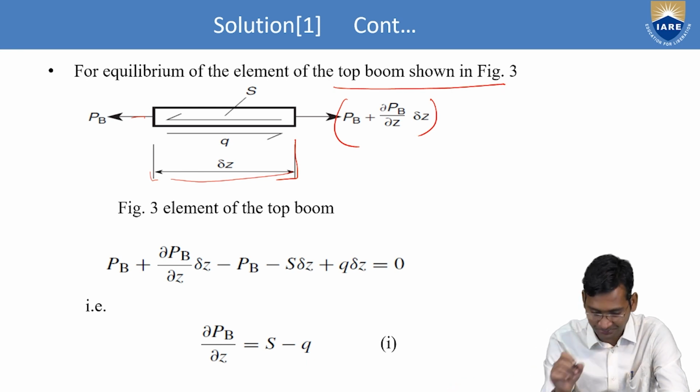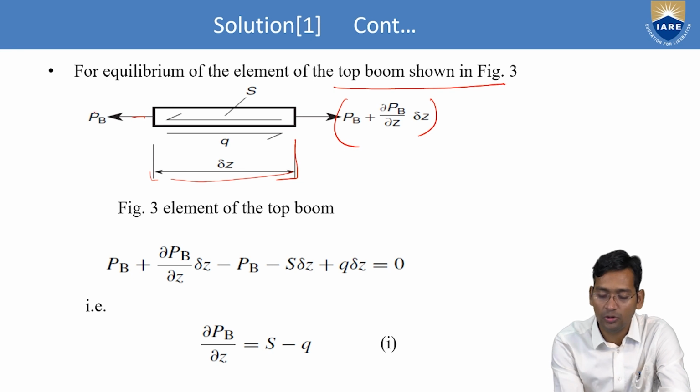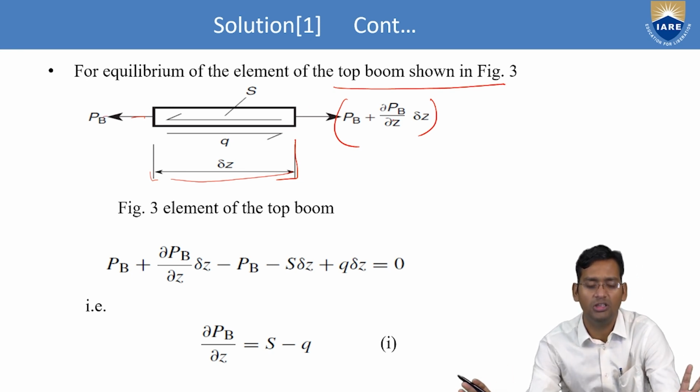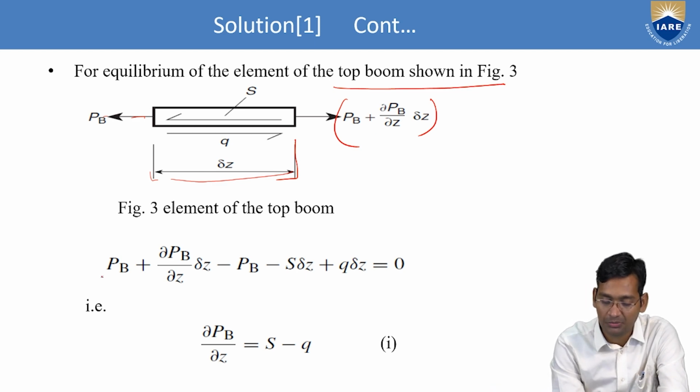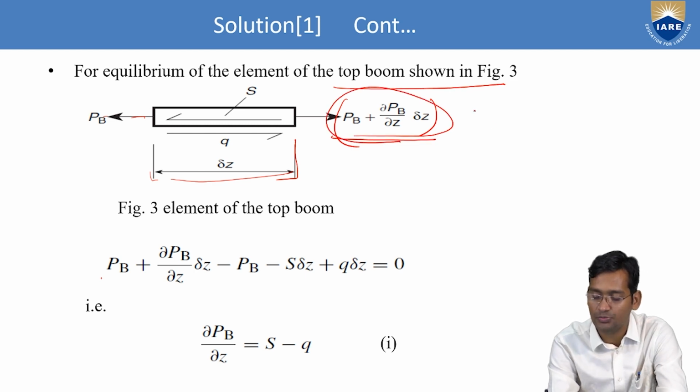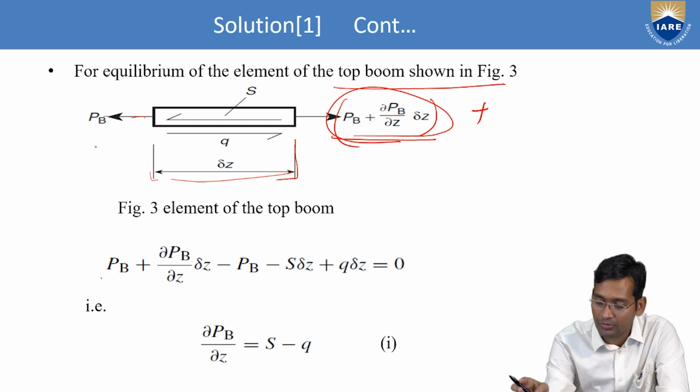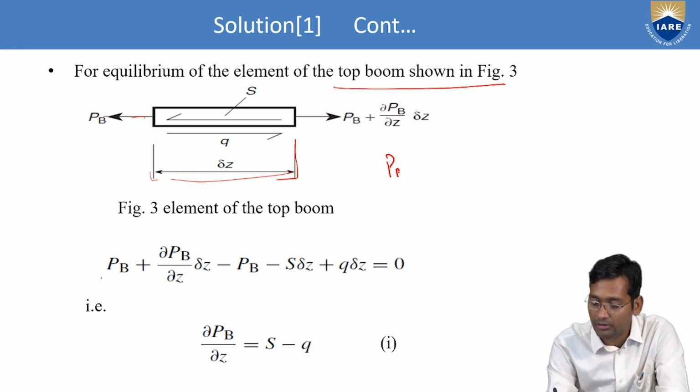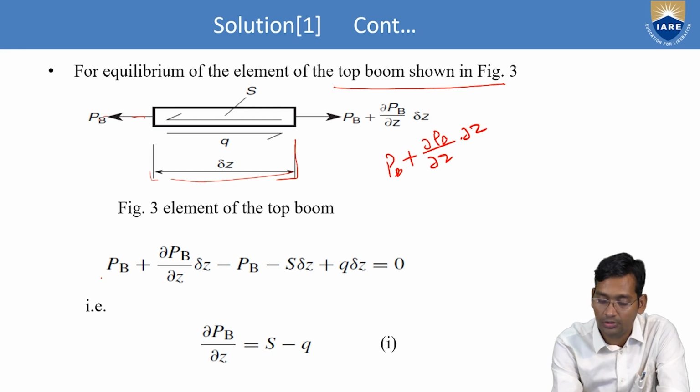Okay. So now what we have to do? For equilibrium, the total force should be equal to 0. Right. Taking this side as positive and this side negative, first we have PB plus delta PB by delta Z into del Z. So this is positive, then minus PB, because this side we are taking negative.